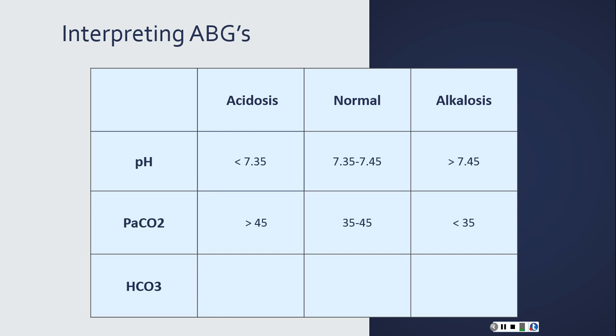So if it's a respiratory problem that caused the pH to go down, then my CO2 went up. Does that make sense? It's going to be greater than 45, so 48. So if I've got a pH of 7.32 and a CO2 of 48, it's a respiratory problem. Basically, it's respiratory acidosis. Does that make sense? All right.